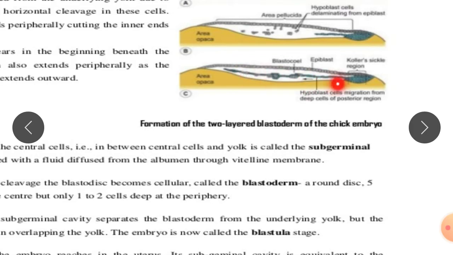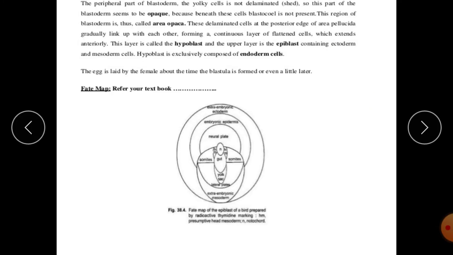This is the hypoblast. This hypoblast layer is formed either by cells coming from the epiblast, or the epiblast cells are multiplying and forming a layer just below the epiblast. This layer is called the hypoblast, and the upper layer is the epiblast, containing ectoderm and mesoderm cells.